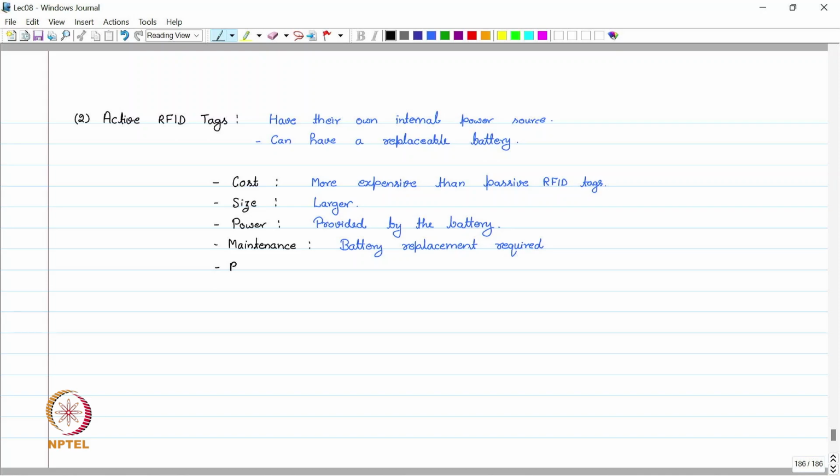The read distance is up to hundreds of feet.